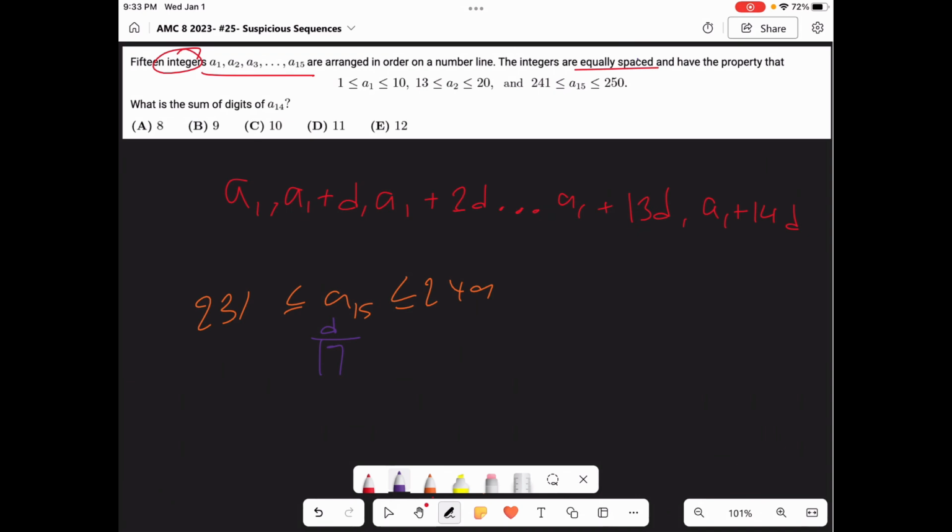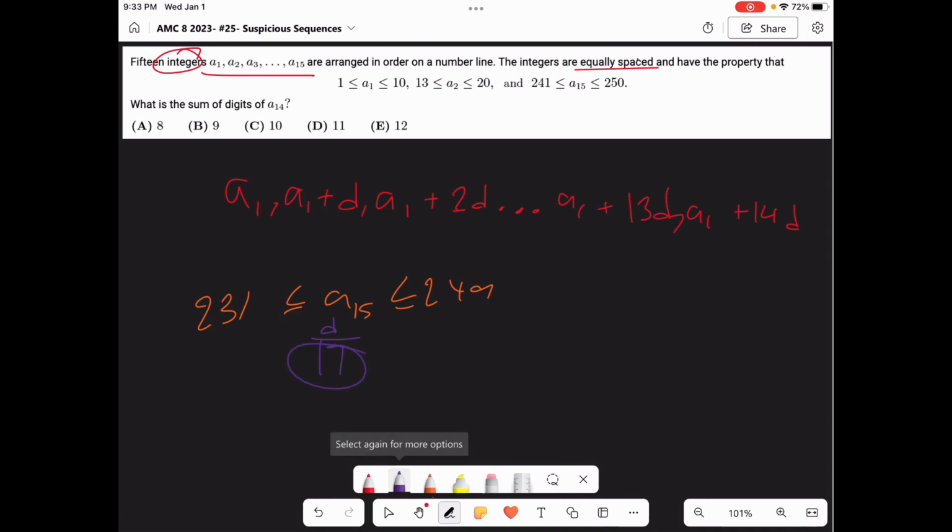What about 18? Would 18 work? Let's try that out. 18 times 14 is 252. No, that would not work because it's greater than 249. So we already found our common difference.